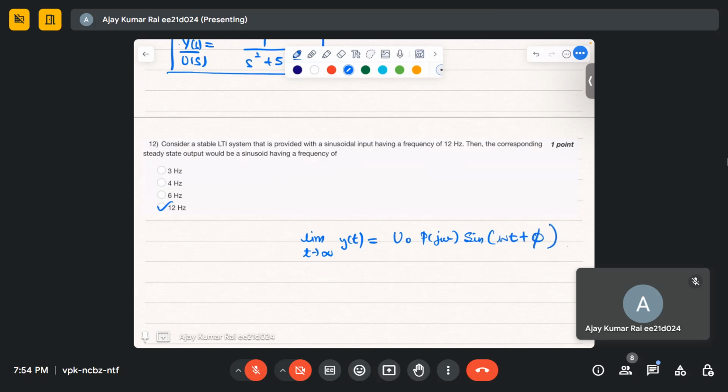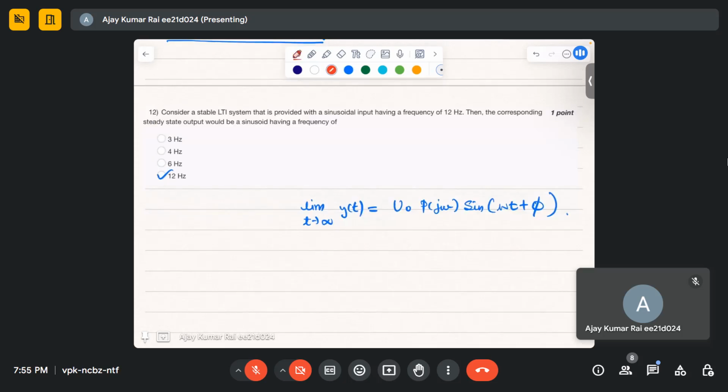So what is the frequency of the input, this omega naught or 2 pi f?